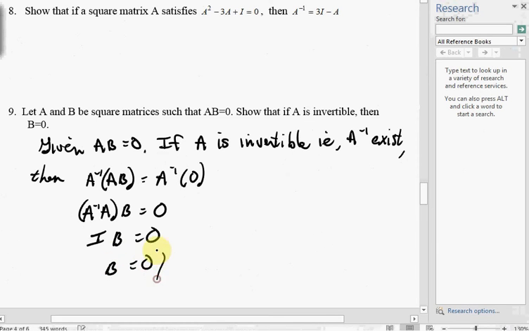Just multiply both sides by A inverse, and it was left multiplication. Right multiplication of A inverse won't work.